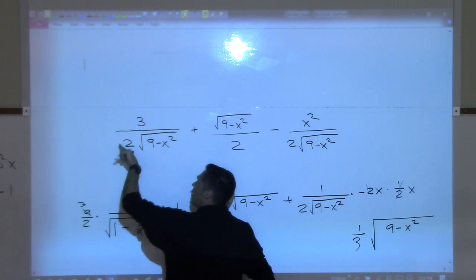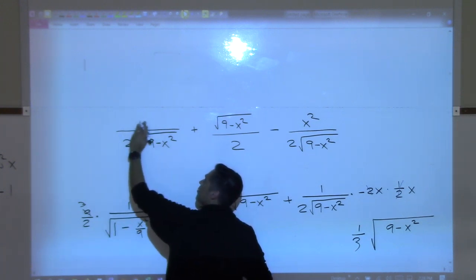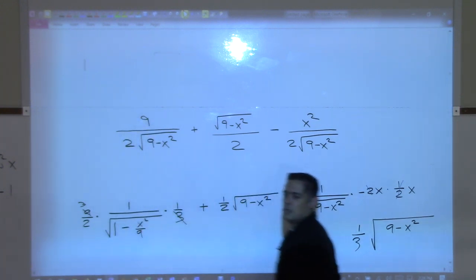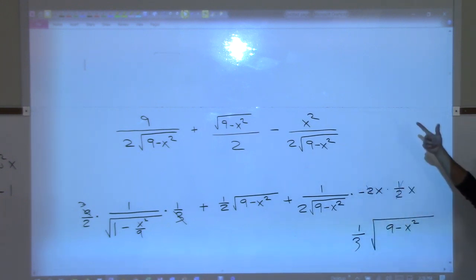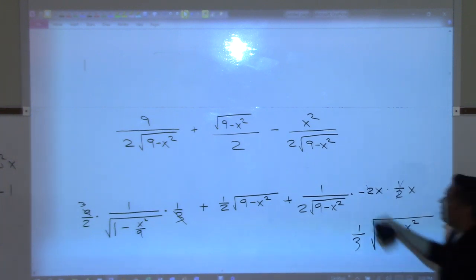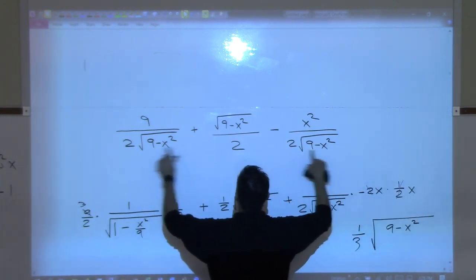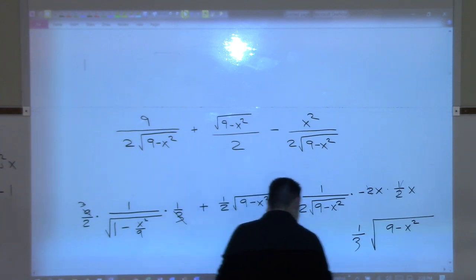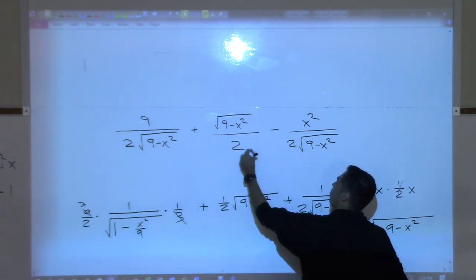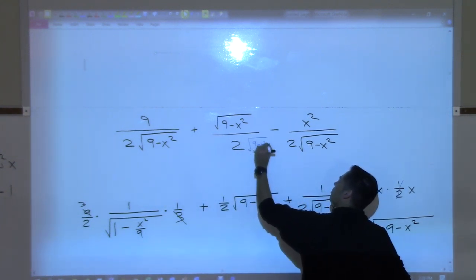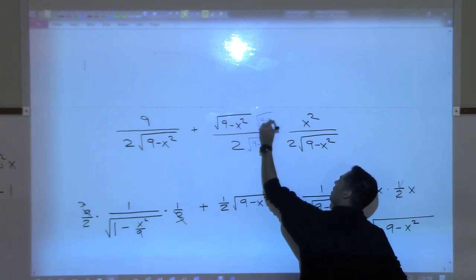And when I do 1/3 here, it comes up and really turns this into a 9. Because the 1/3 flips up, right? Okay? Now, let's get a common denominator. All I'm missing here is what? That root. So root 9 minus x squared, root 9 minus x squared.